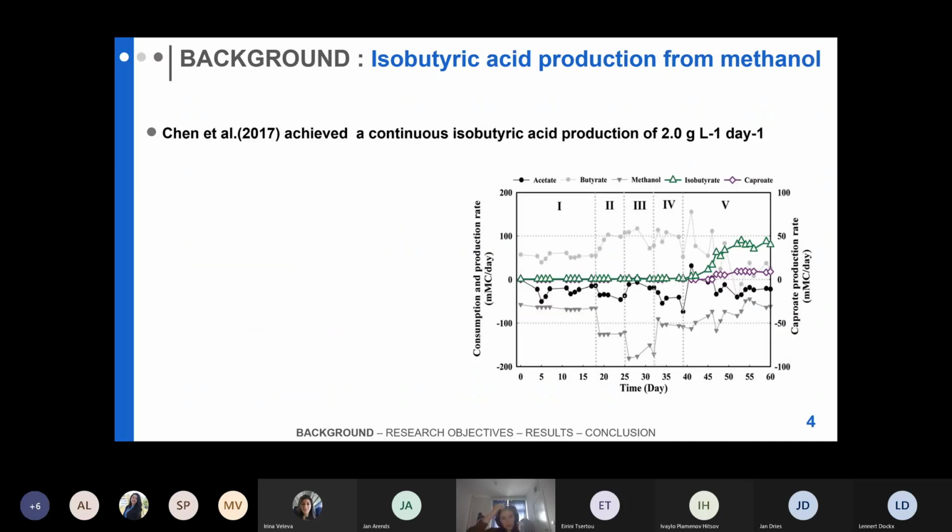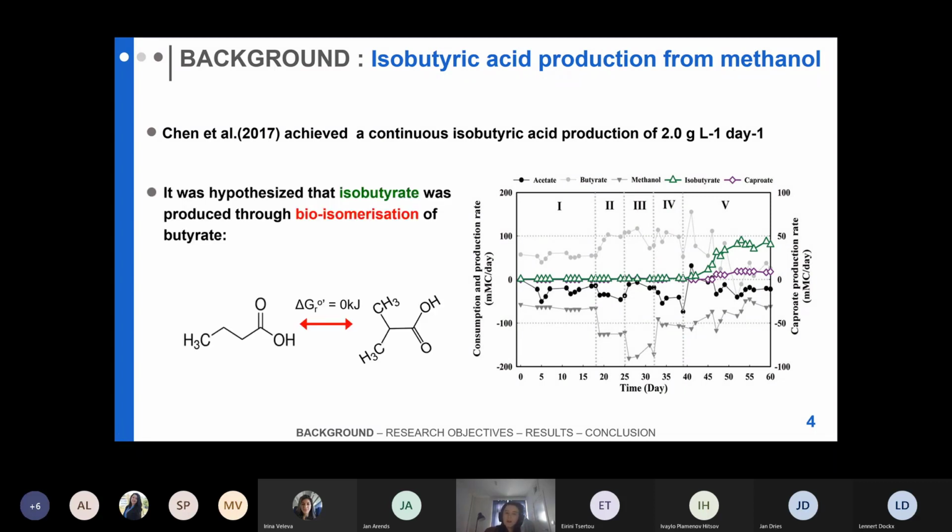But this changed in 2017, when in a mixed culture continuous reactor that was fed with methanol, acetate, and butyrate, during the last operating phase, they observed a high isobutyric acid production that had never been observed in any biotechnological process.